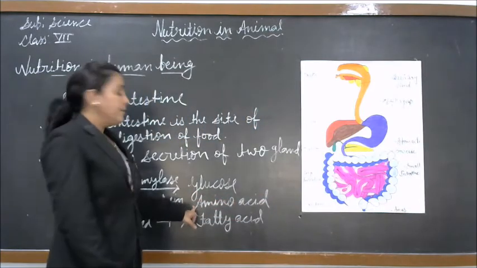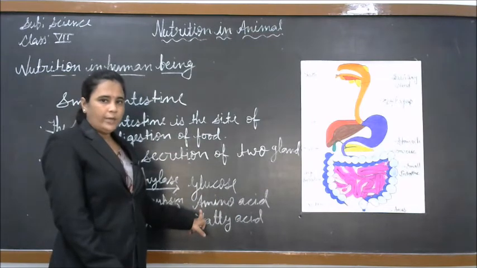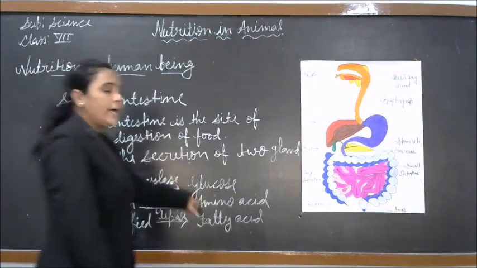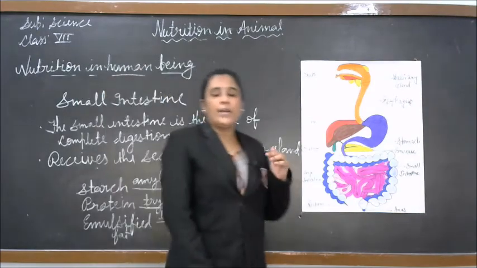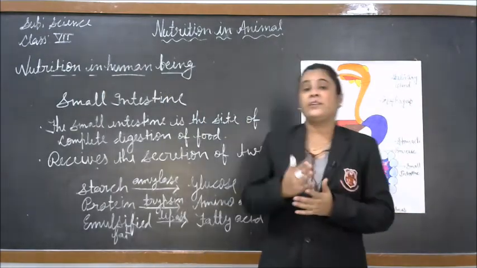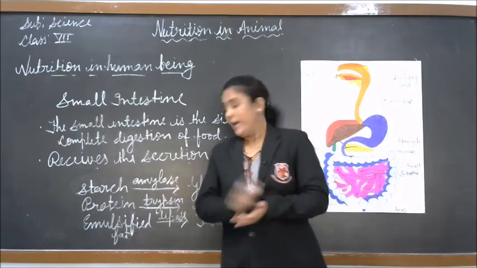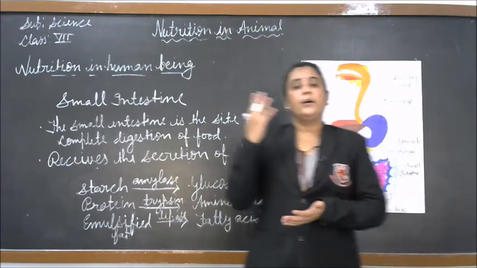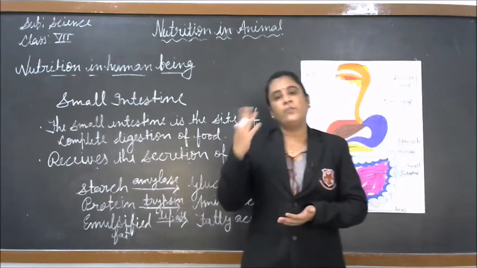And the final product after the breakdown of protein is amino acids. These amino acids help to repair worn out tissue, and fatty acids and glycerol are deposited inside our body for future use.